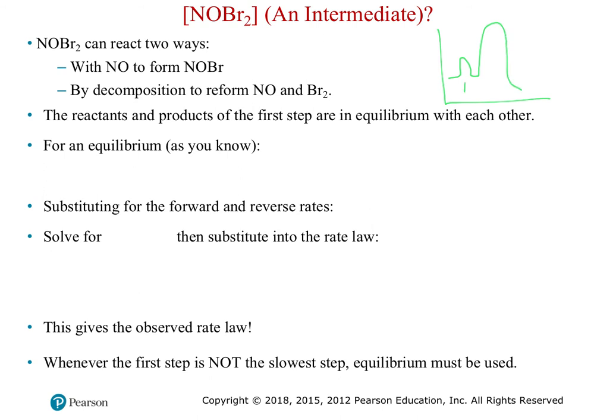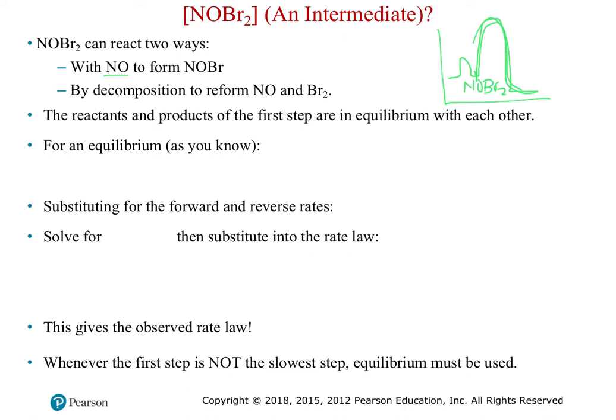When we form our intermediate, NOBr2, it's right here. It can either react with another nitrogen monoxide and go over the bump and form our products, or it can actually go backwards and form nitrogen monoxide and bromine. And it's actually going to do both.